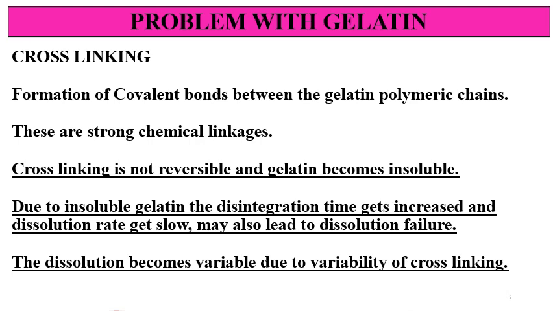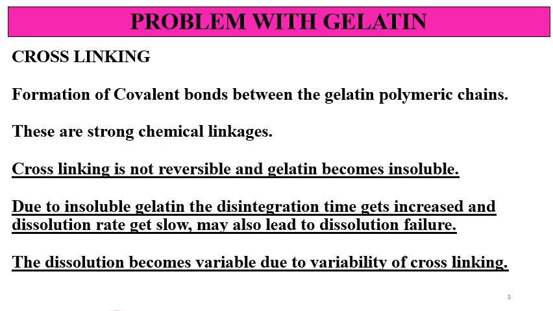There are many advantages of gelatin, like its availability, its compatibility with the formulation, manufacturability and stability. Along with those, there are some problems, and the biggest problem is cross-linking. Now what is the meaning of cross-linking? Cross-linking is the formation of covalent bonds between the gelatin polymeric chains, and these covalent bonds are strong chemical linkages.